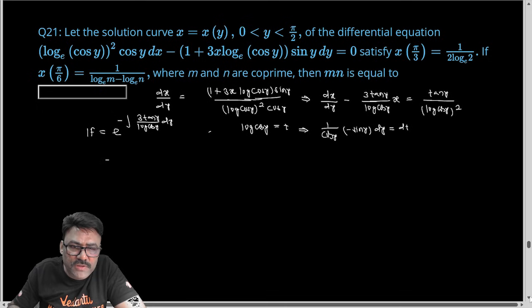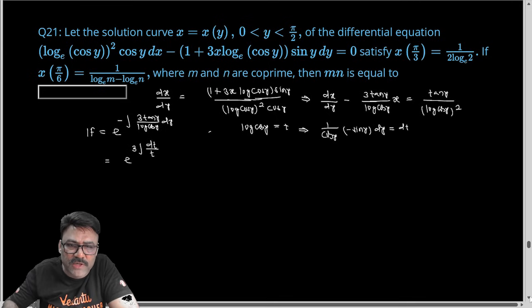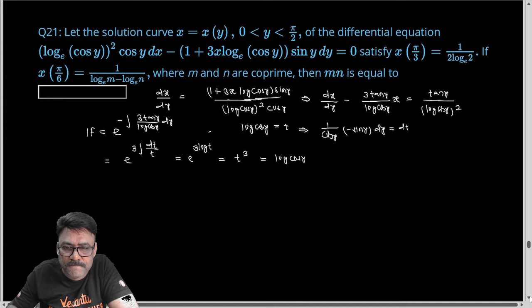So it is e raised to 3 by t dt. 3 can be taken outside, dt by t. So it is e raised to 3 log t, or you can write it as t cube. t is log cos y, so (log cos y) whole cube. This is the integrating factor.